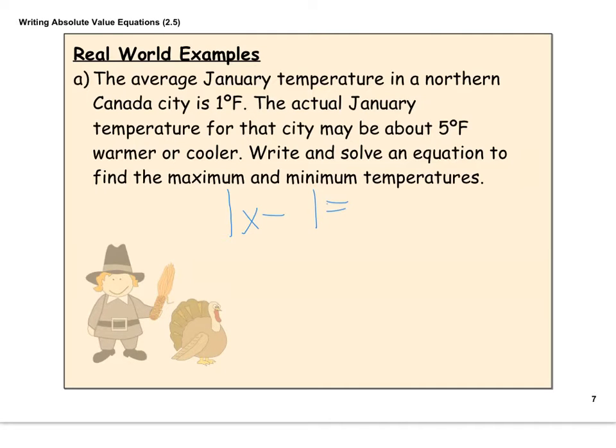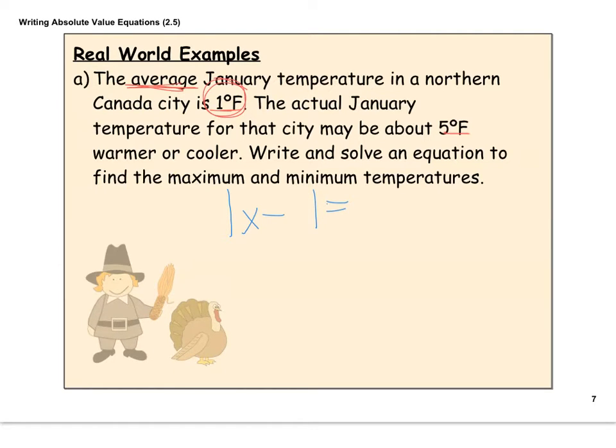So in this problem, is the 1 or the 5 referring to the average or the goal temperature? And hopefully if you're reading, it says the average January temperature is 1 degree Fahrenheit. So average refers to the 1 degree.